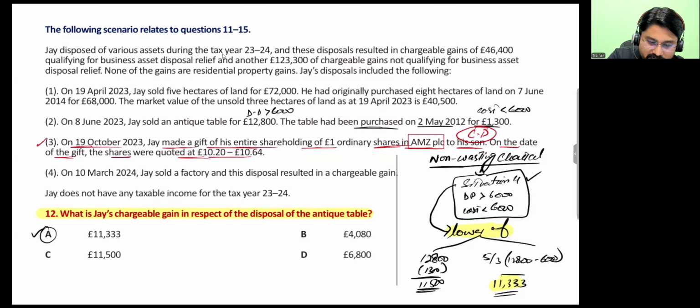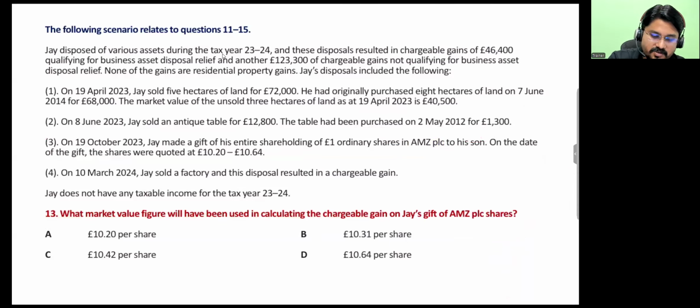How can we identify that it's a quoted company? Because it's a public listed company, and quoted company shares' market value can be found by using two methods, and both methods give you the same value. If you remember the concepts, any transfer between connected persons in capital gains, the disposal proceed would be equal to market value.